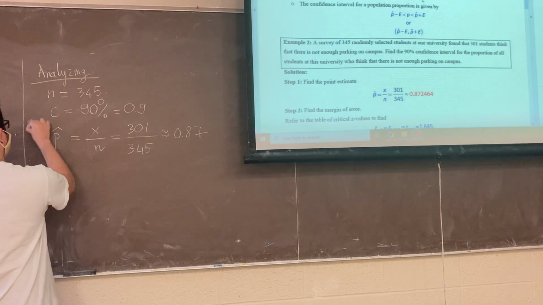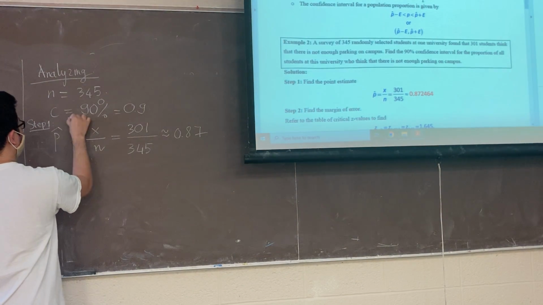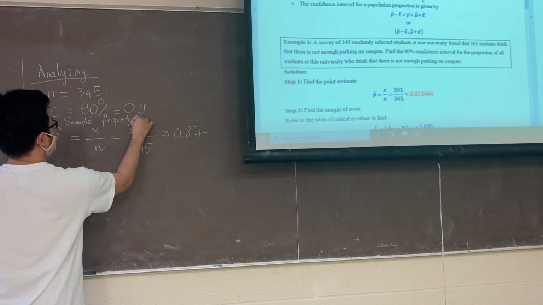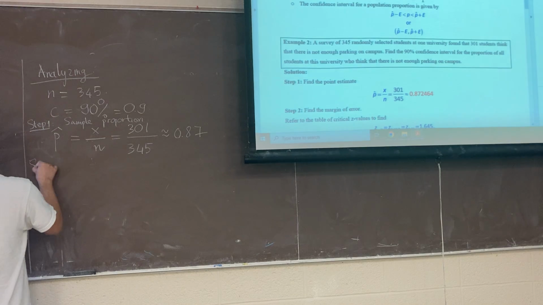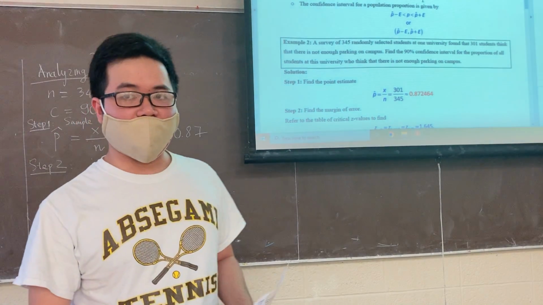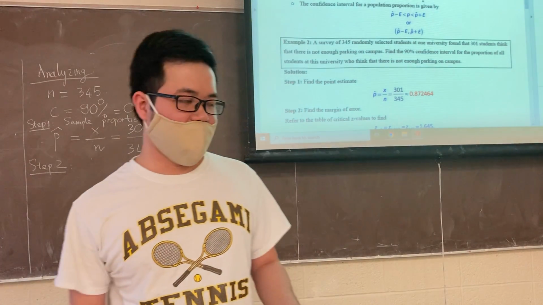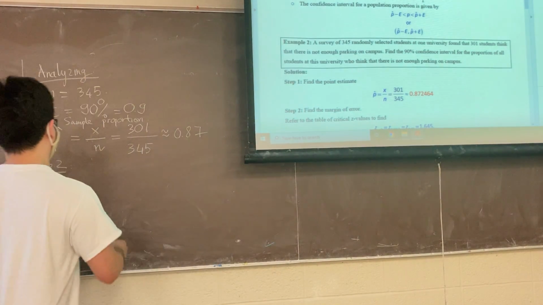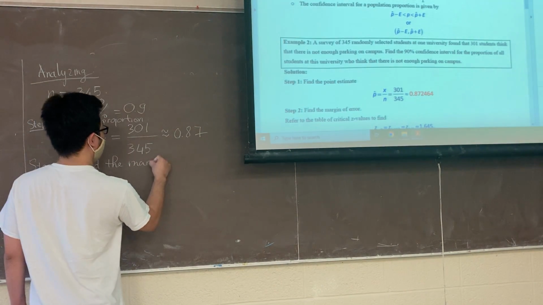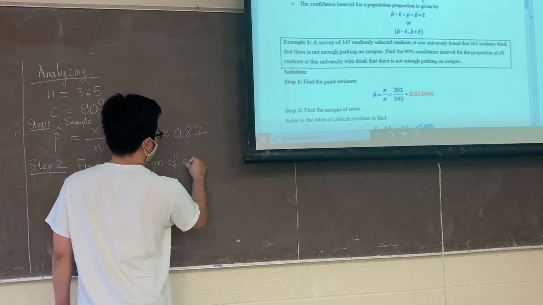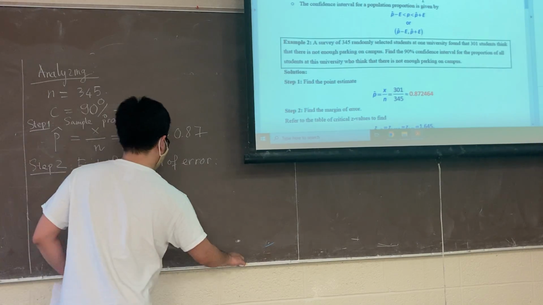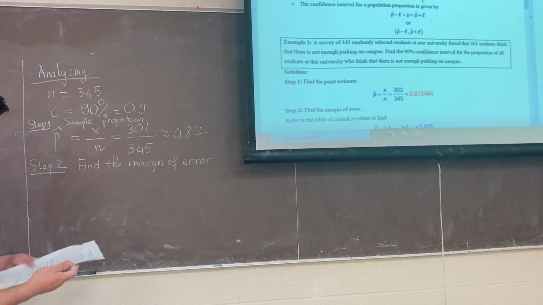That is the first step. Step 1, you find the sample proportion. We finish step 1. The step 2, we find the margin of error. The margin of error will be calculated by the formula I provided here.